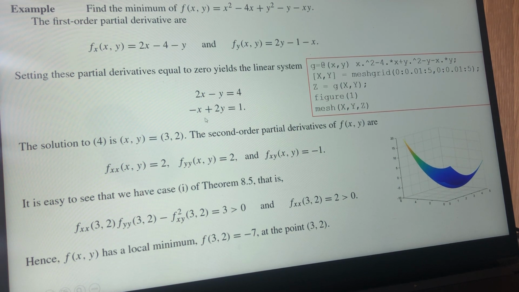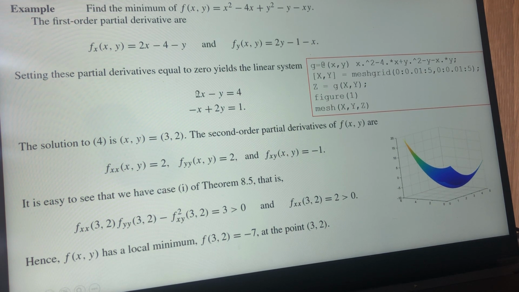And if we solve these together, what you can do is multiply the second equation by 2 and add them, and you will find the only critical point is (3, 2). And we can see here this critical point is a minimum, but let's check with the second partial derivative test. The second derivative with respect to x is 2. Second derivative with respect to y, f_yy, is again 2.